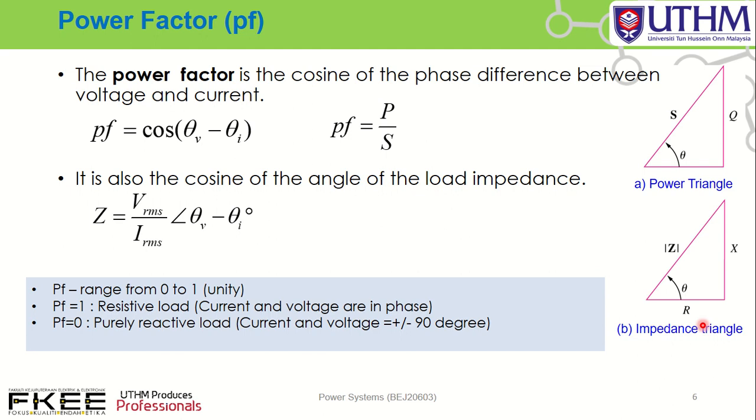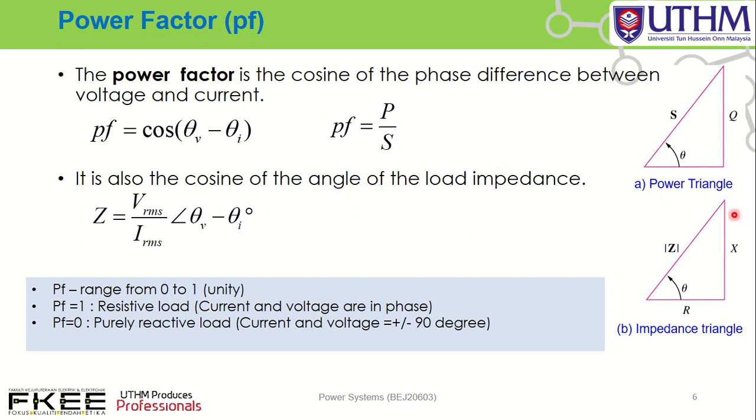This is a useful parameter in this chapter: power factor. What is the meaning of power factor? Power factor is the cosine of the phase difference between voltage and current, equal to cos of theta V, the angle of voltage, minus theta I, the angle of current, or equal to P over S, real power over apparent power.